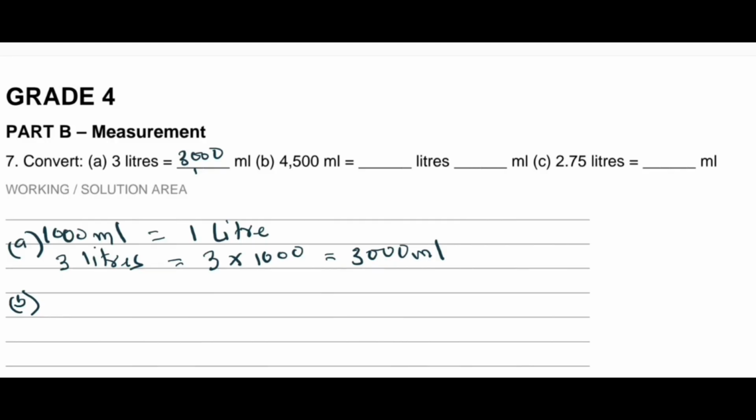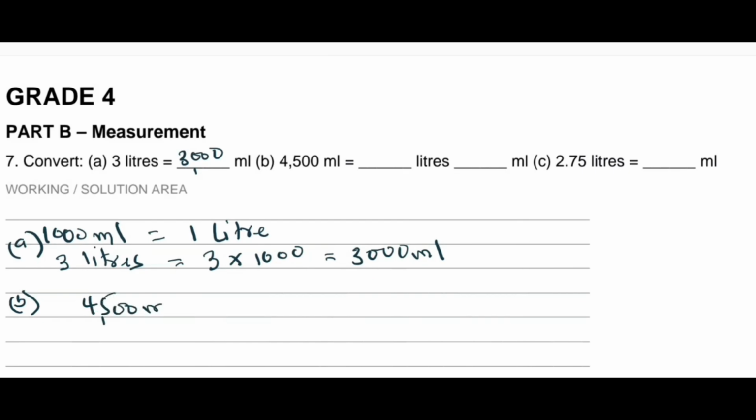So when you are converting from milliliters to liters, you divide by 1,000. When you are converting from liters to milliliters, you multiply by 1,000. The first one we multiplied by 1,000. This one we will divide by 1,000. Do you understand?